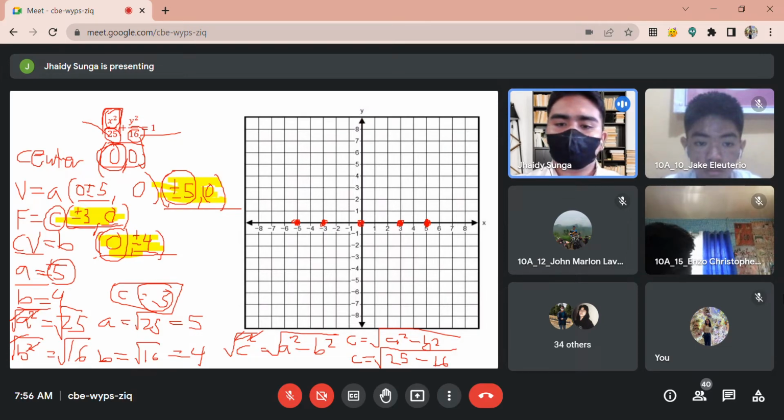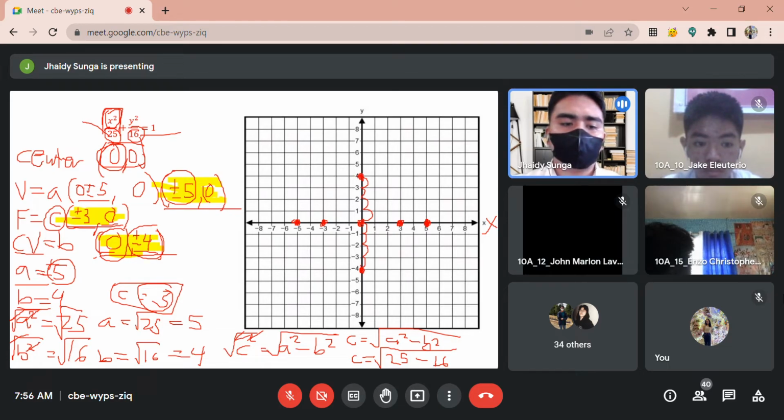Then you add that factor: you're going to go up 4 times, and you're going to go down 4 times. Therefore, your points are located here. So these are your co-vertices. So if you graph it, it will look like this.